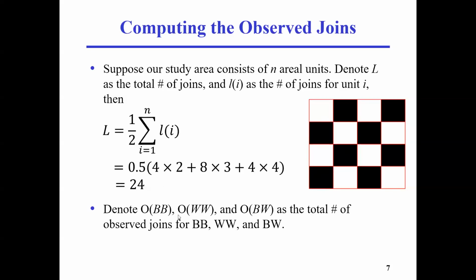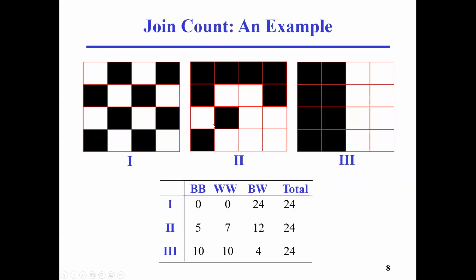We use BB, WW, and BW, with their O value, where O represents observed, to address the number of different types of joins: BB joins, WW joins, and BW joins. More examples using this method are shown here.